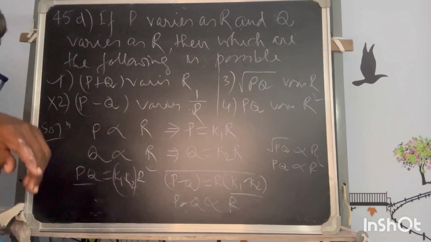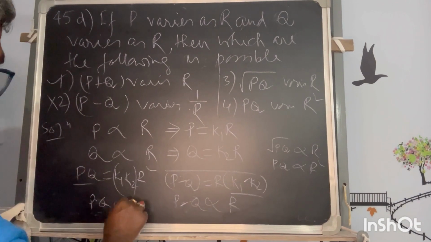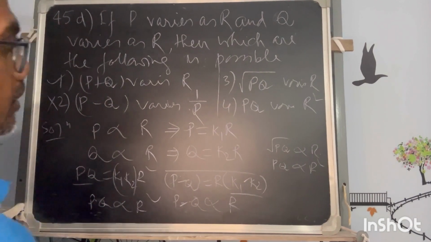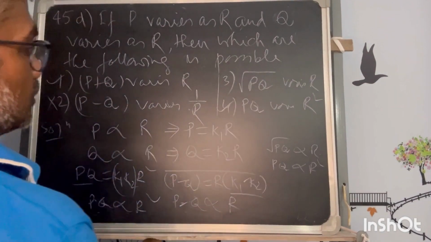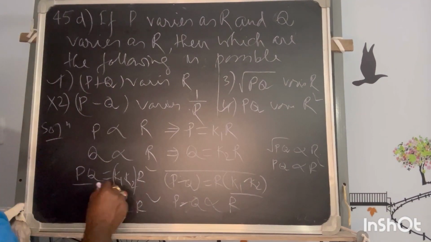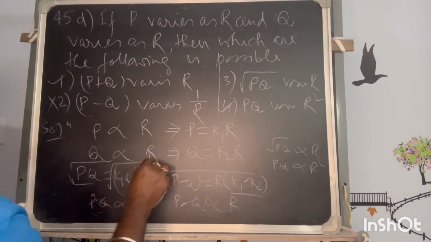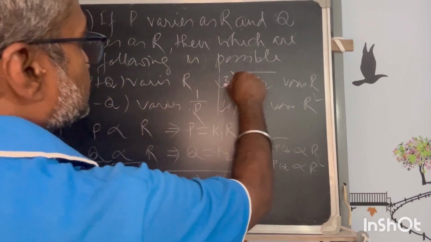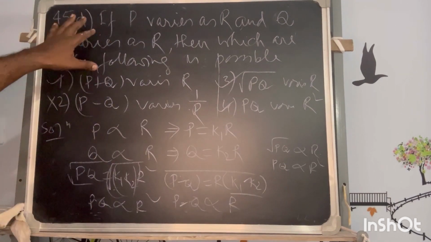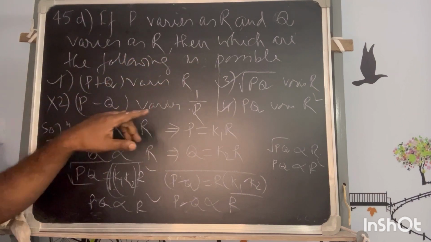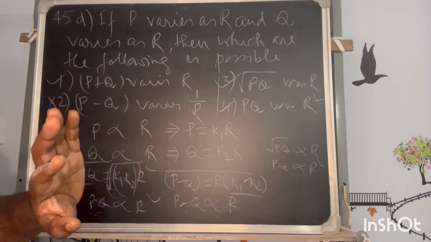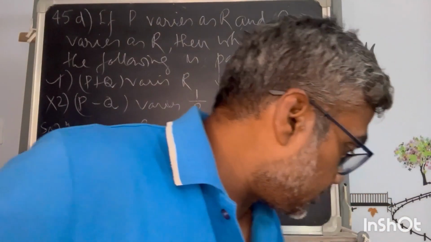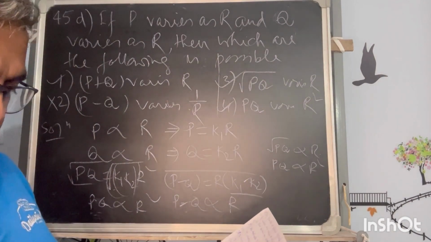So PQ could possibly be proportional to this, also true. So now if I square it up here itself, K1 K2 is also a constant, so this is also possible. So there are multiple answers that are possible, only one is not possible. So let me check what they have asked.